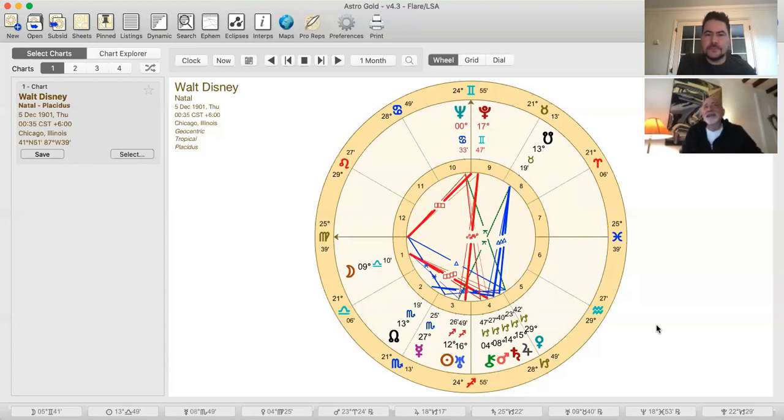Also, just the ability to kind of think about something, have an idea about something, and then be able to manifest it. He was very interested in manifestation, obviously. And also the earth, I think, gave him a very keen understanding of real estate.